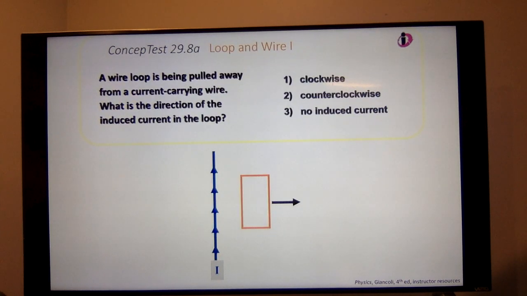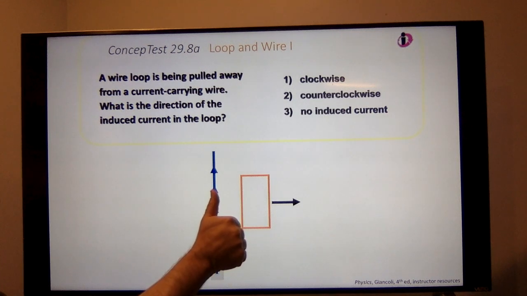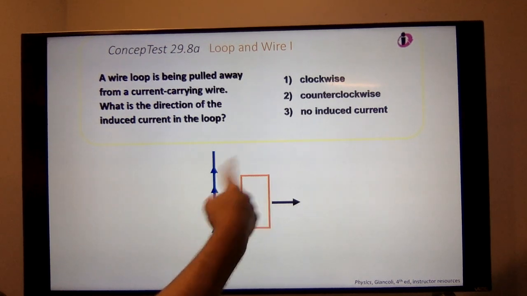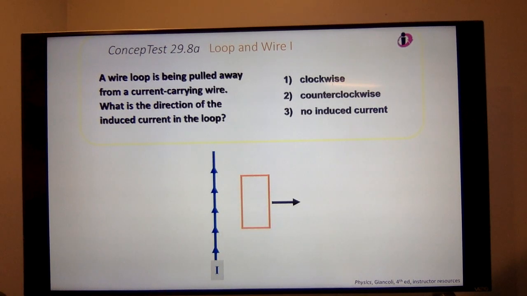Okay? Let's see. What if we have this loop of wire that's being pulled away from a current that's going straight up? Well, first of all, we need to imagine what kind of magnetic field is being created by this. We can put our thumb in the direction of the current, and you can see that over on the right side of the blue wire, we have magnetic field that's into the screen.